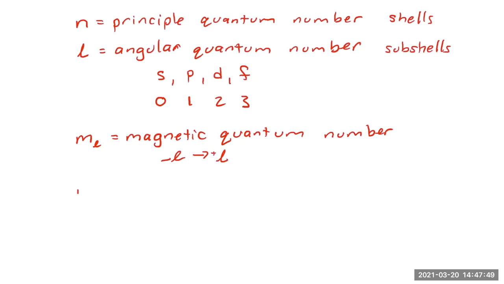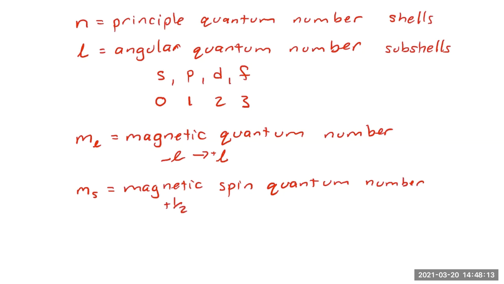And then finally, we had our magnetic spin quantum number. Magnetic spin can either be plus 1/2 if it's going in the direction of the magnetic field.